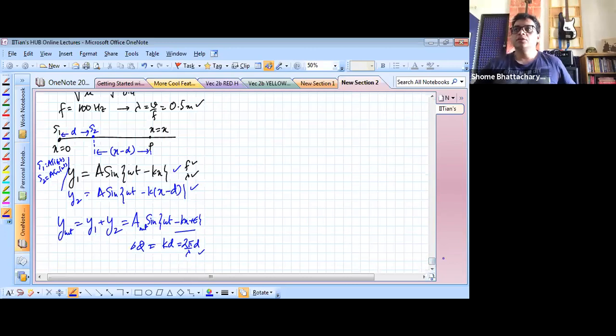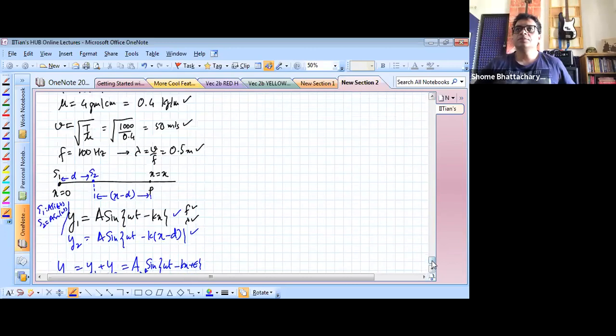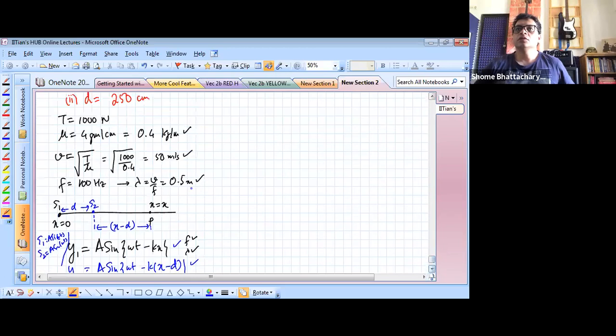So first I'll take you slightly above so you understand this step, how we have got this critical information. The wavelength was very important, we needed the wavelength.